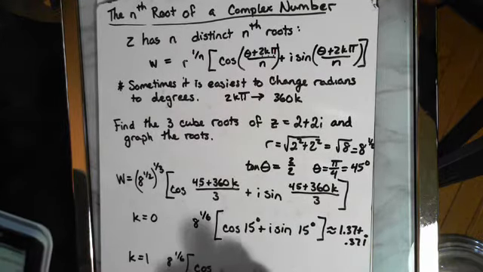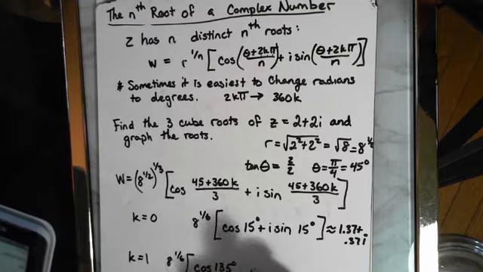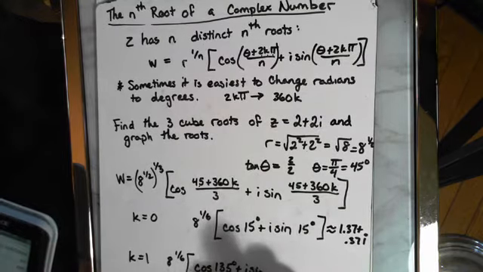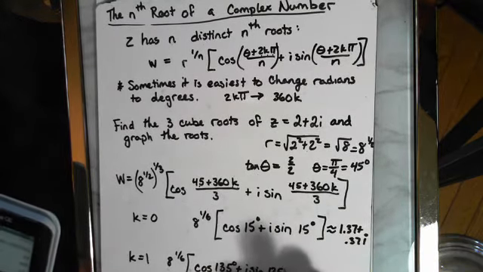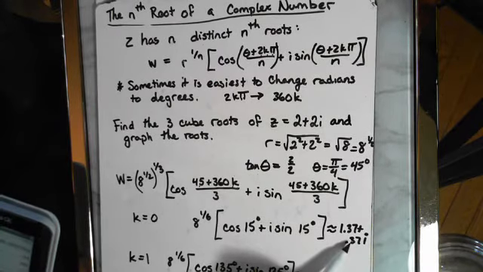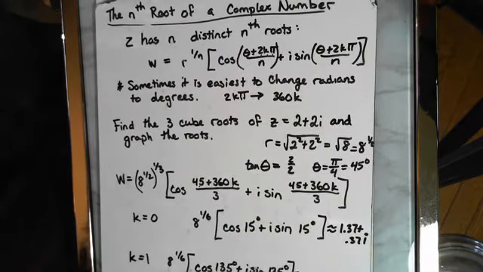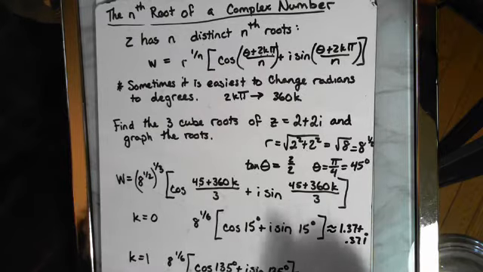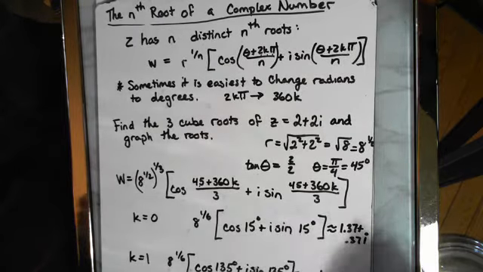So this is the cosine of 135 degrees plus I sine of 135 degrees. And again, I'm going to give this in rectangular form. So I just put that into my calculator, and it comes out to be, let's see, -1 plus I.